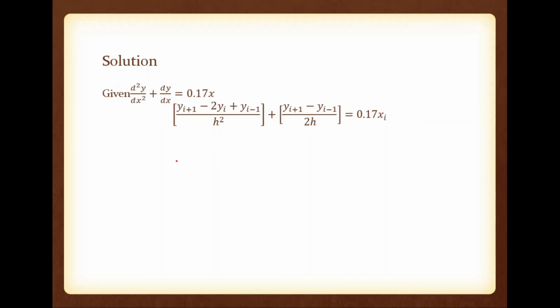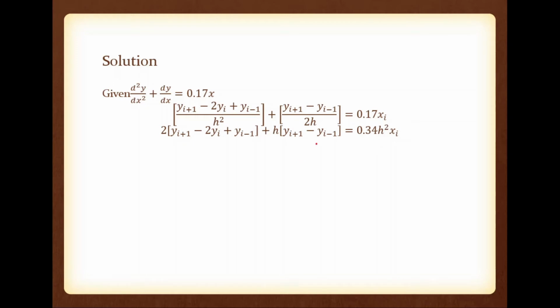So the entire equation will become 2 into yi plus 1 minus 2yi plus yi minus 1 plus h into yi plus 1 minus yi minus 1 equal to 2h square into 0.17xi. So 2 into 0.17 will become 0.34. 0.34 h square xi. So this one is the equation.